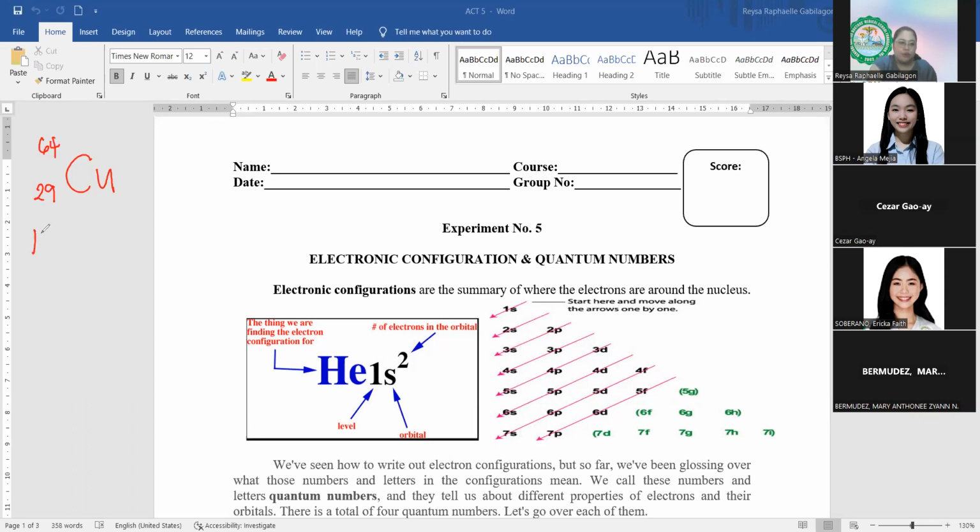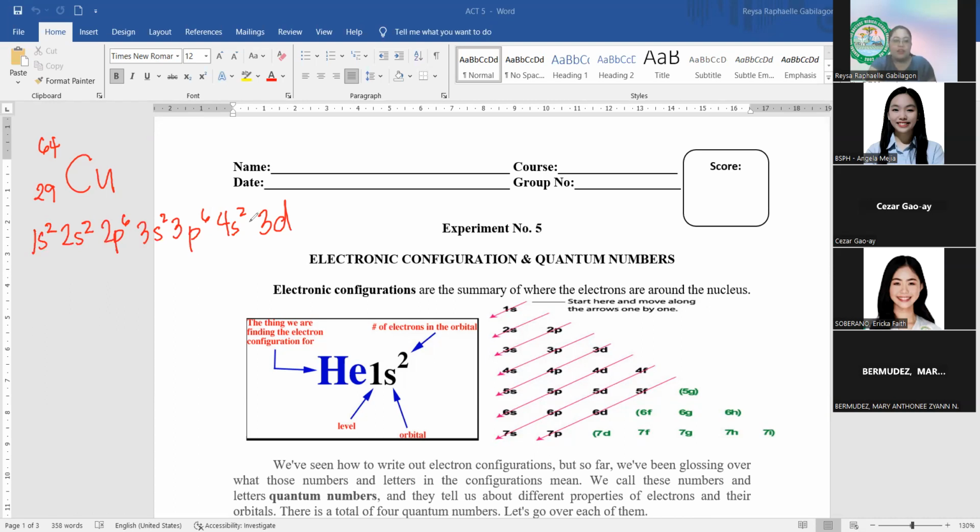So 1s2, 2s2, 2p6, 3s2, 3p6, 4s2, and then 3D. Wait lang, I'll stop with 3D. I'll count first kung 29 na ba siya. 2 plus 2, 4, plus 6, 10, plus 2, 12, plus 6, 18, plus 2, that is 20.